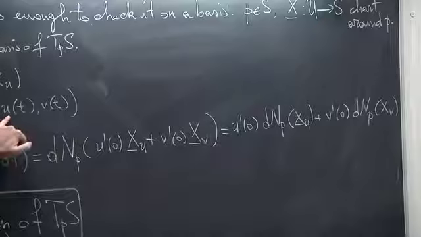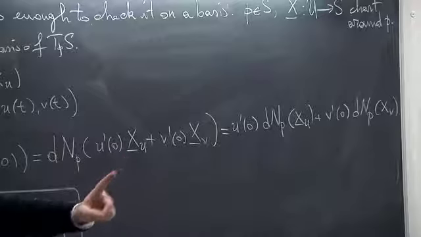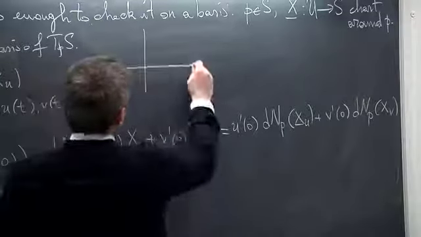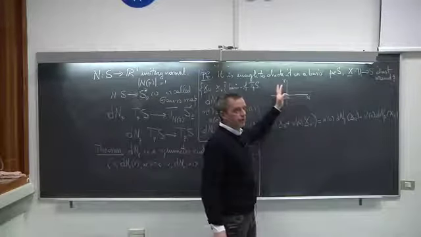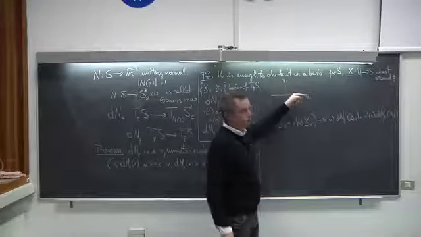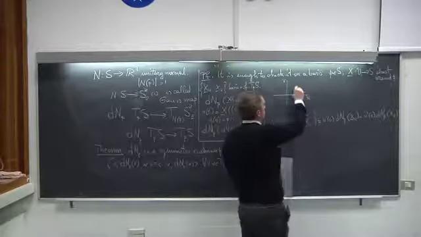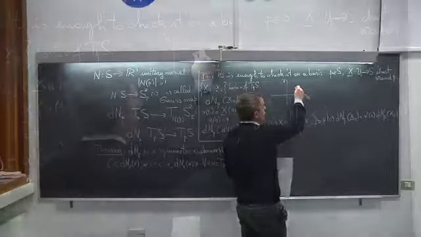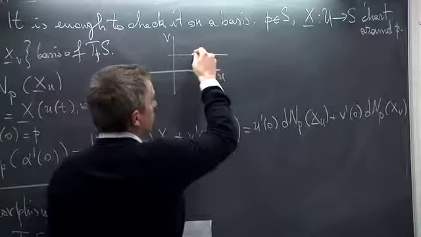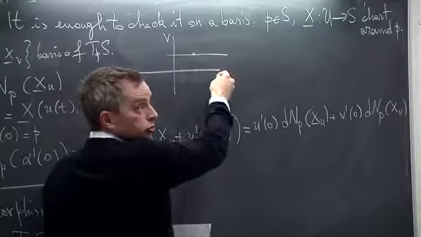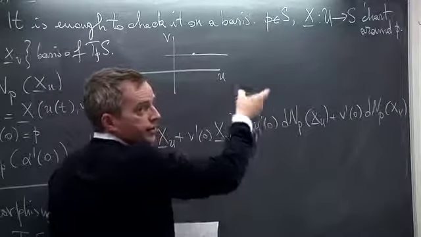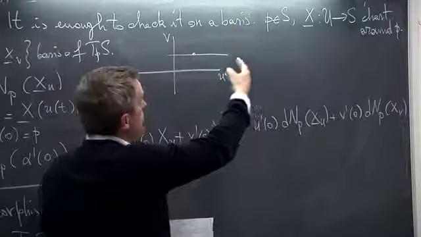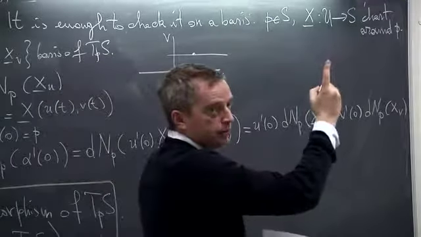Well, xu is by definition, what is the partial derivative in one direction? If this is u and this is v, and you have a function which depends on u and v, what is the partial derivative in the direction u at a given point? Well, by definition it means you restrict your function to the line passing through this point parallel to the direction where you are taking the partial derivative, and you take the derivative in the usual sense, in the old sense of a function of one variable.